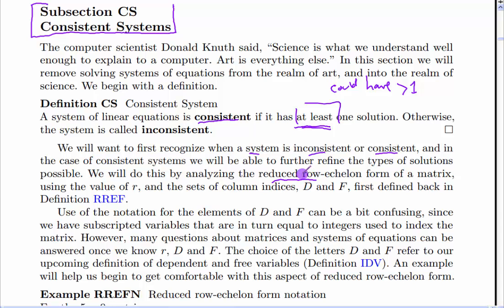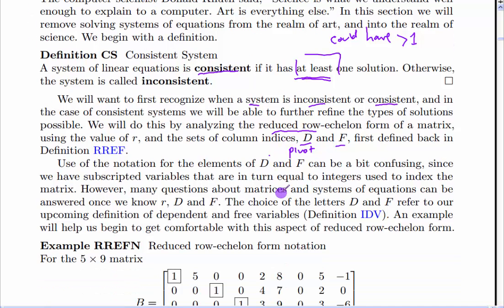In particular, we're going to look at the columns D and F. D, if you remember, were the pivot columns, the columns that had a leading one in the row, and F were the other columns. Okay. All right, so let's look at some examples.